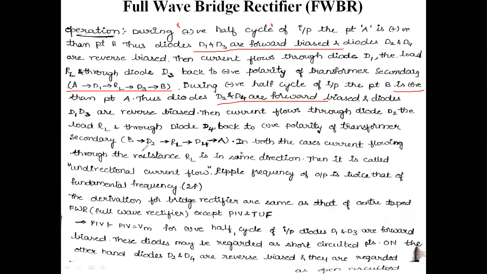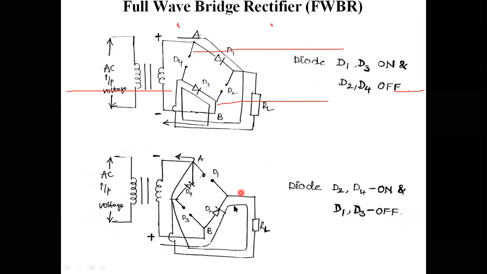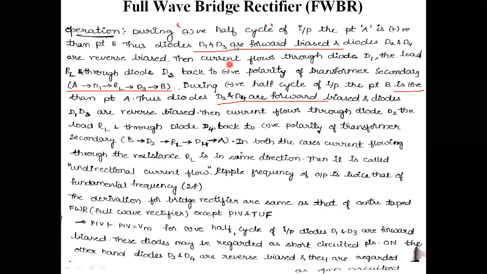That is given by B, D2, RL, D4, A. This is the path: first B, next D2, next RL, next D4, next point A. In this manner, we are supposed to know the flow of current takes place in this direction.